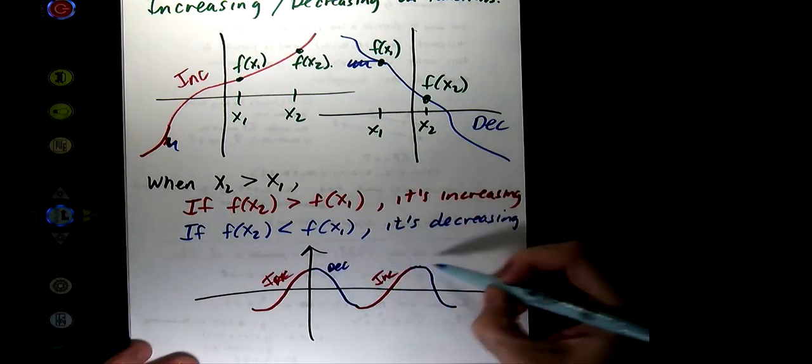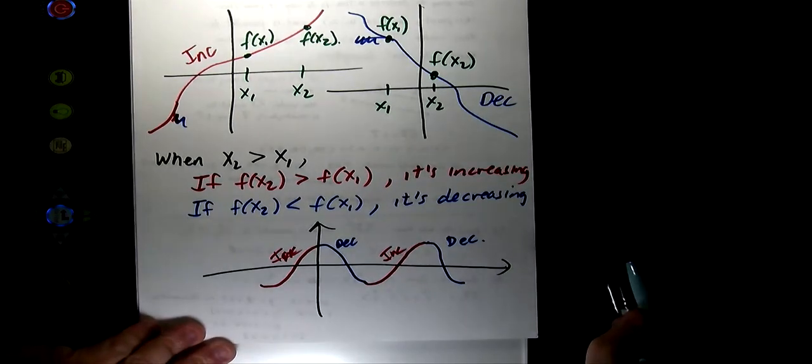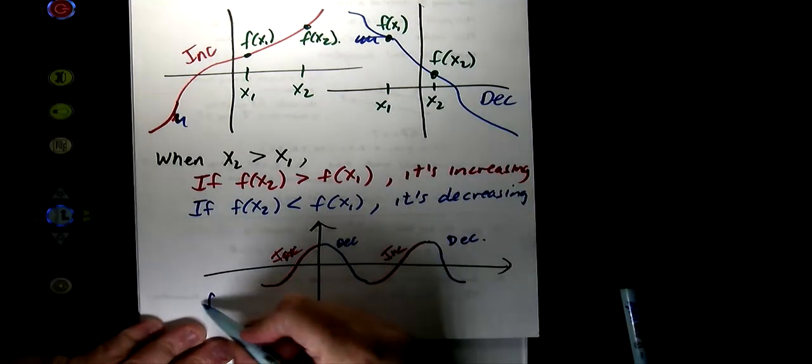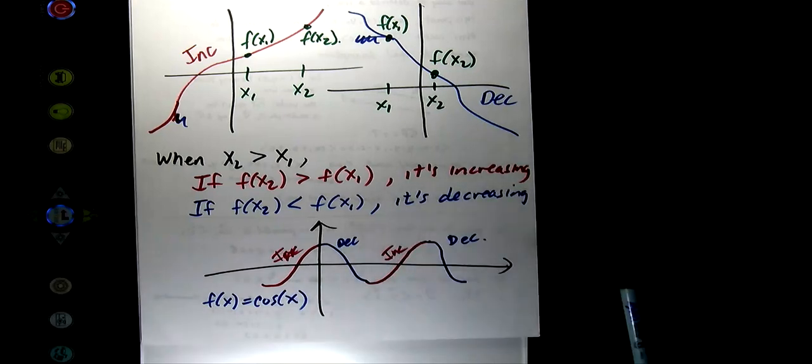Back when you take pre-calculus B, this is f of x equals cosine x. It makes a wave.